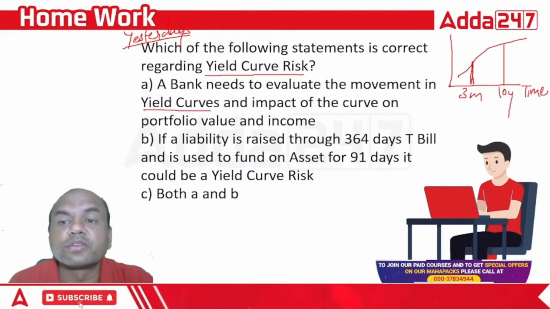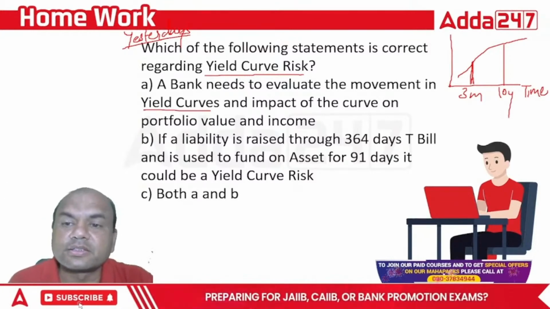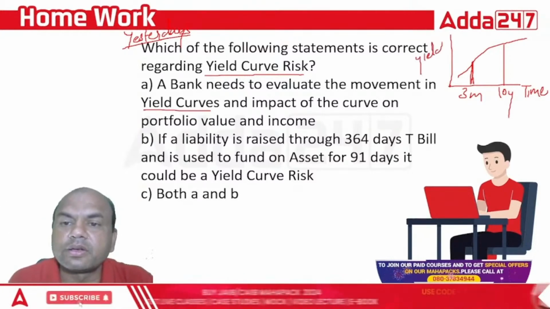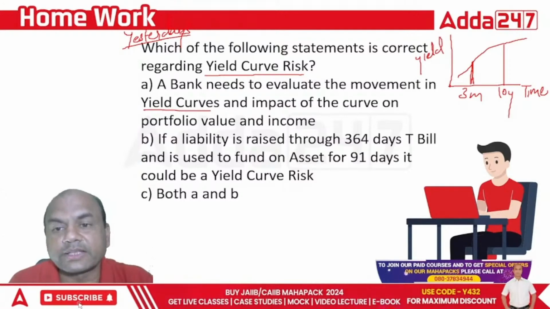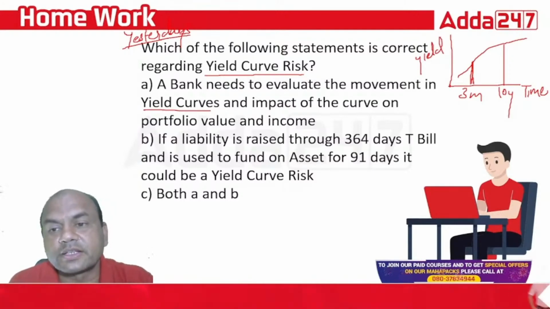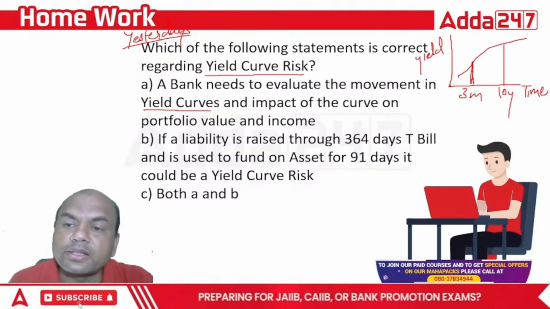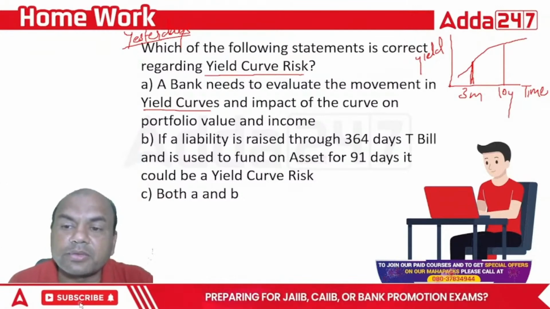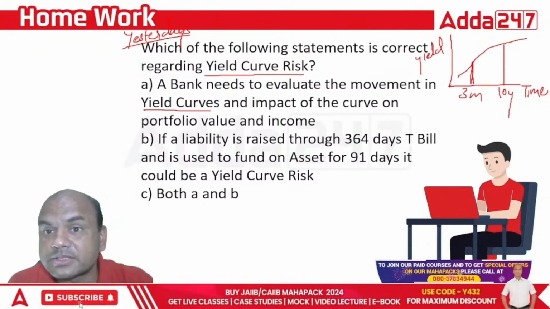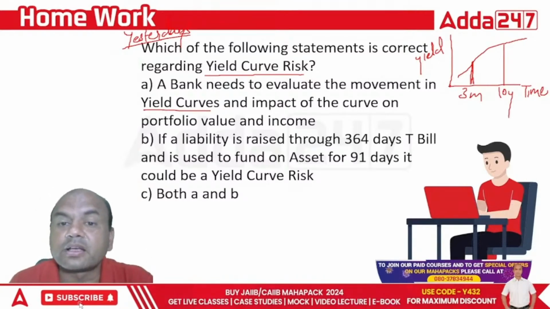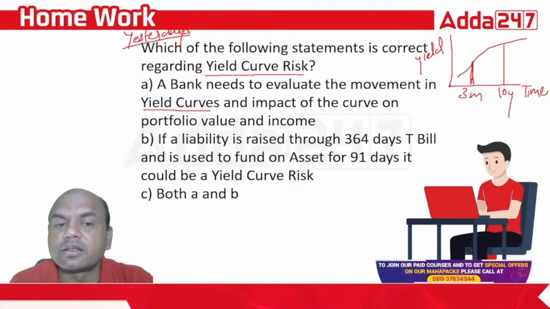On the y-axis it is yield and on the x-axis it is time. If I go on plotting the yields of various bonds from 3 months to 10 years of the same rating, this is very important, then the curve which I get is known as the yield curve.